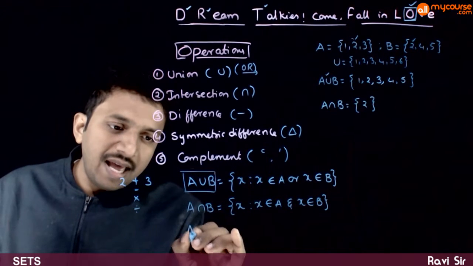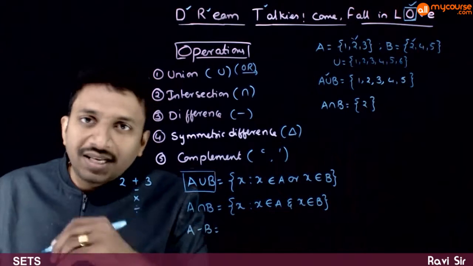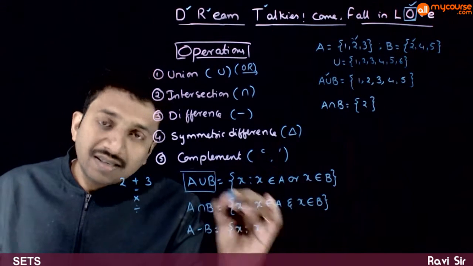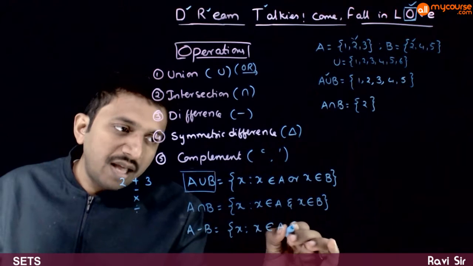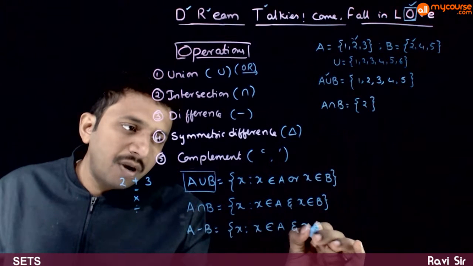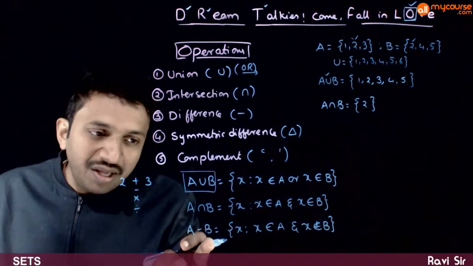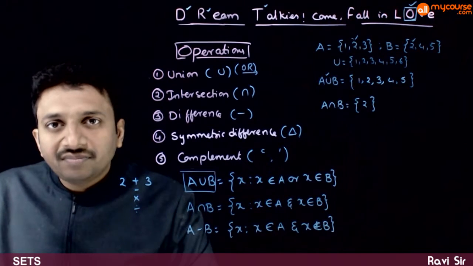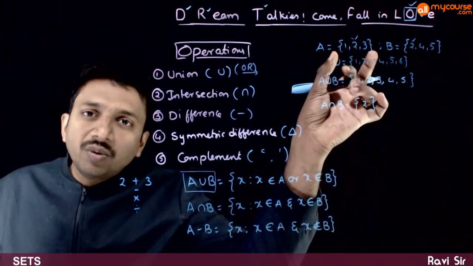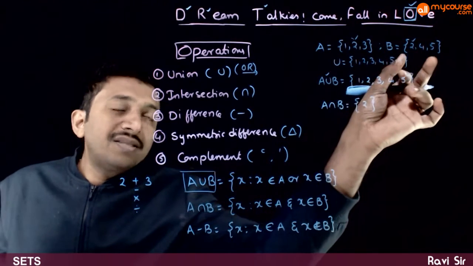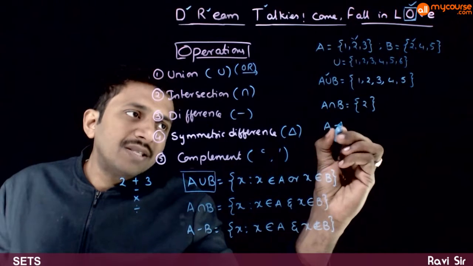Next, A minus B is nothing but X such that X belongs to A and X does not belong to B. So you have to remove the elements of B from A. So if you have the set 1, 2, 3, what is A minus B?